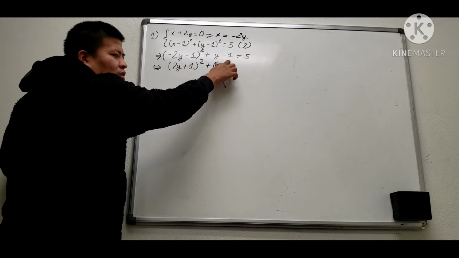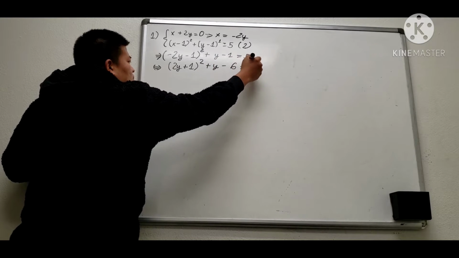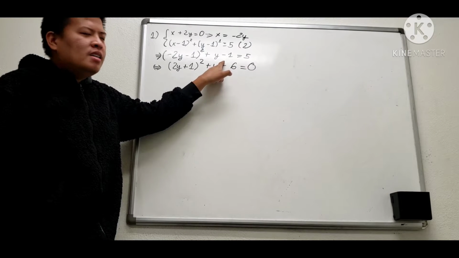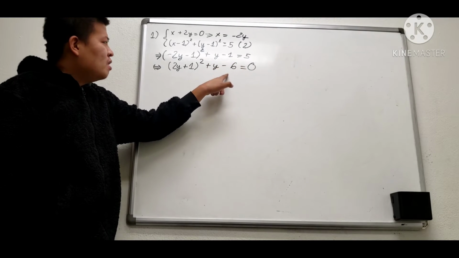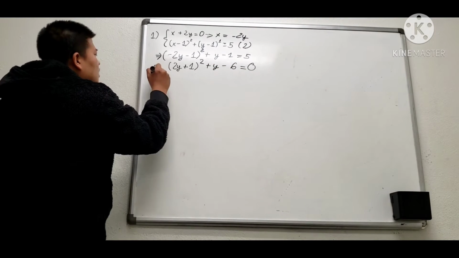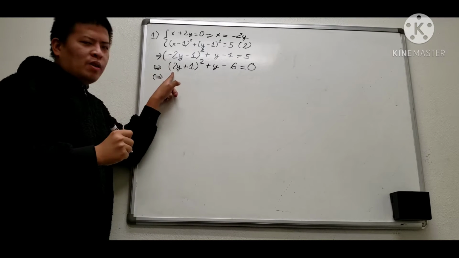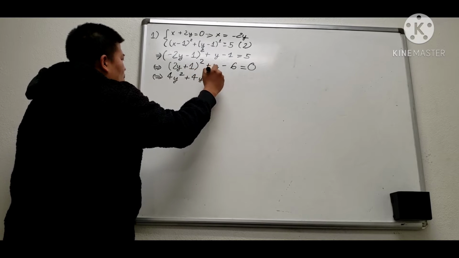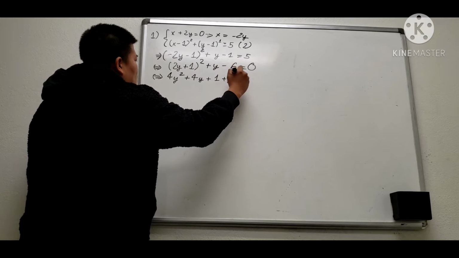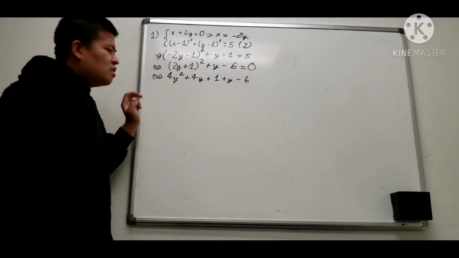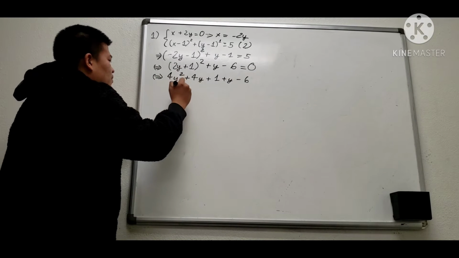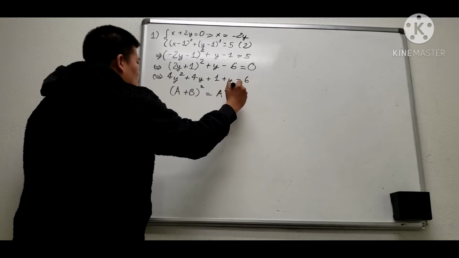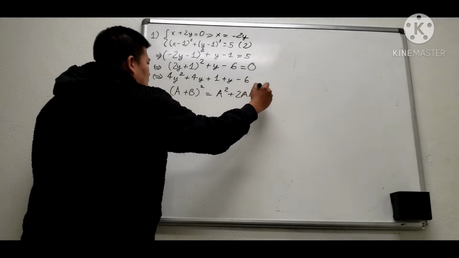And we move number 5 to the left, and you get minus 6, because number 5 goes to the left and becomes negative 5; negative 1 and negative 5 become negative 6. Here we get 4y power 2 plus 4y plus 1 plus y minus 6. This is a similar identity: a plus b power 2 equals a power 2 plus 2ab plus b power 2.